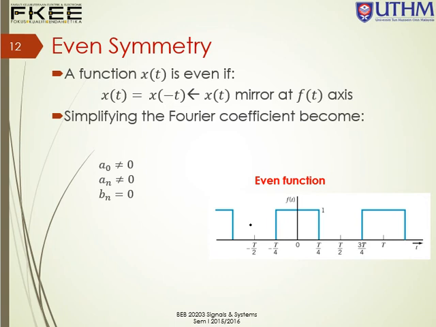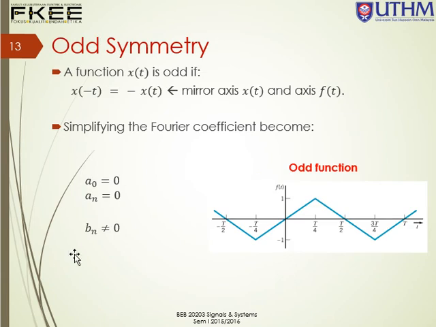So if you have an even signal like this, your b_n equals 0. That means you do not need to calculate your b_n. What you need to do is just calculate your a_0 and a_n. So it is much simpler, because you do not need to calculate b_n for an even symmetric signal.